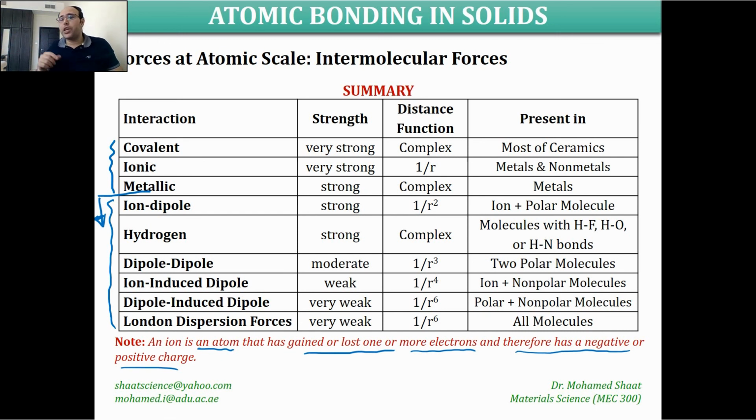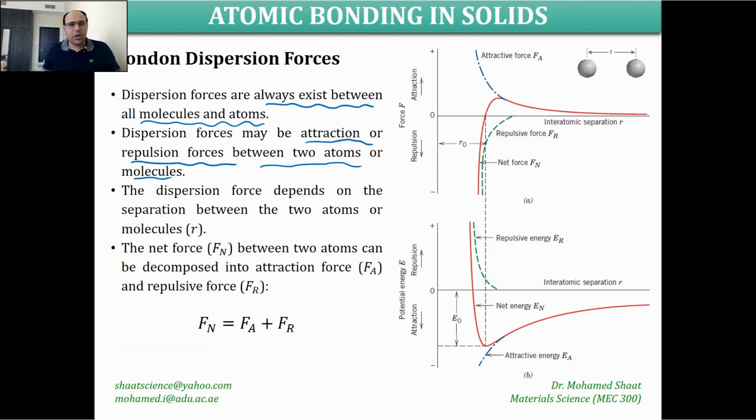But here I'm talking about interaction. It means that this type of force is non-bonding: it is generated or vanishes depending on the distance between these two objects, like two atoms or molecules. So the dispersion force could be attractive or repulsive.